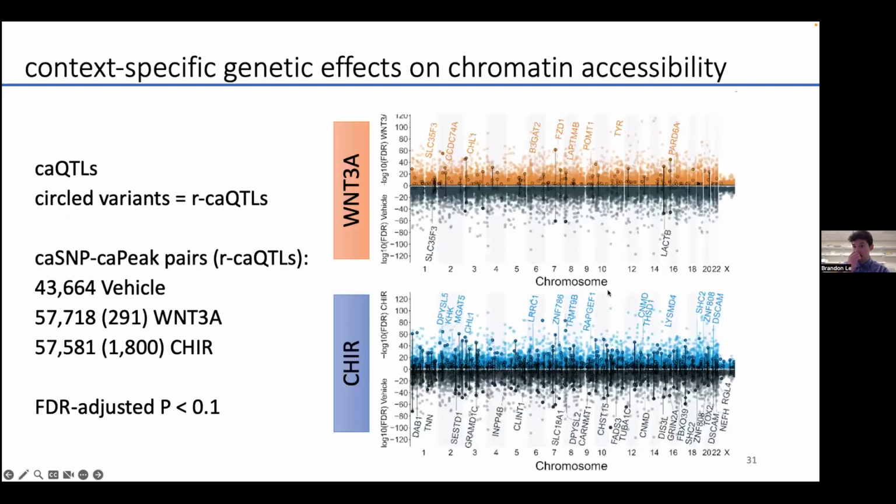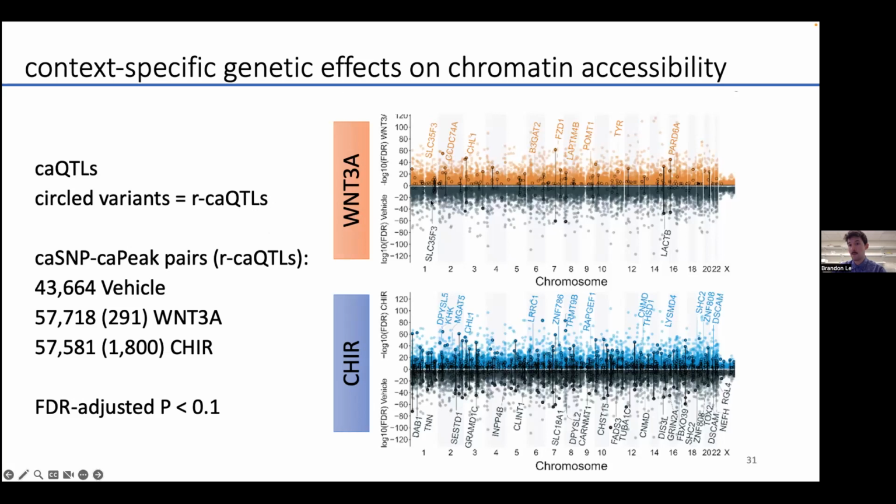So just to quickly show you broadly the results from this QTL mapping, we found a lot of genetic effects on chromatin accessibility, which I'm showing you here. We found tens of thousands of variants with significant effects on chromatin in both Wnt3A and CHIR stimulated conditions.